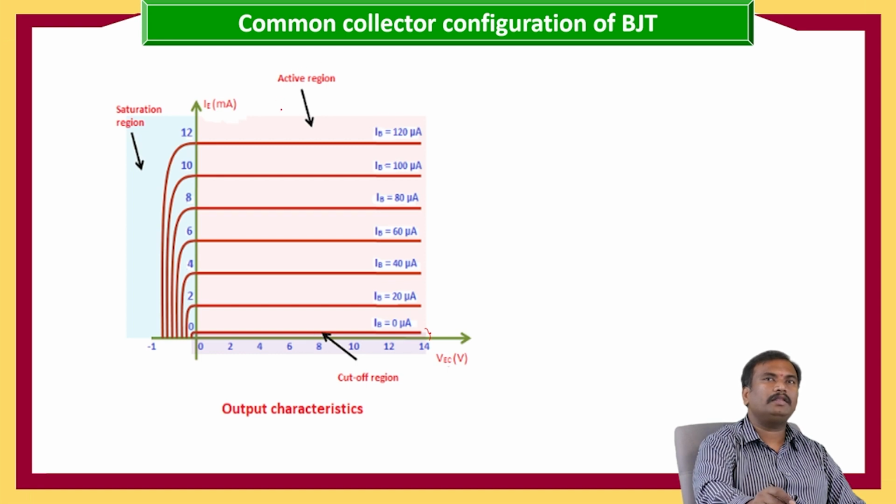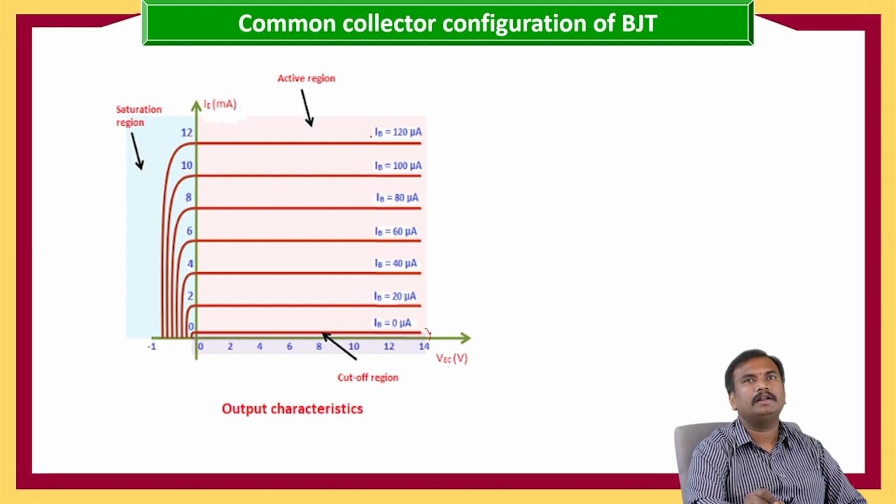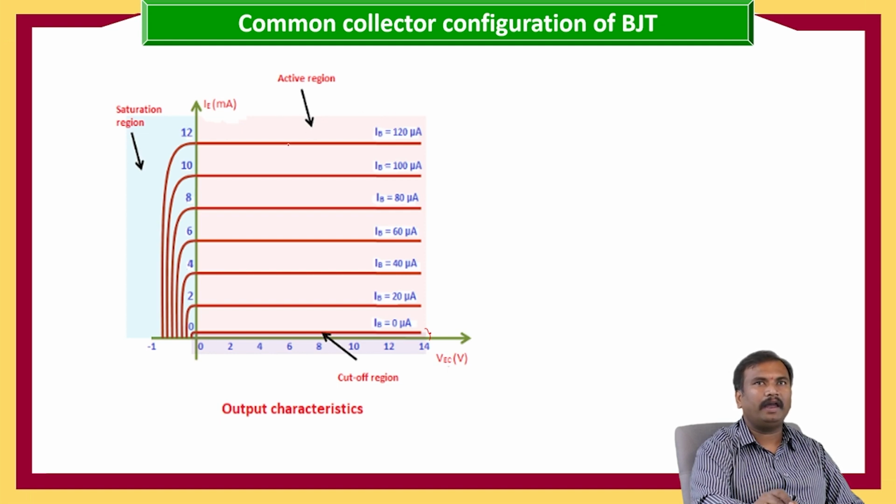And where all the currents are established, that region is called the active region. Here the base current is there and emitter current is there. So this region is called the active region. And during this region, that is during the 0 to -1, when the VEC value increases, it only takes some value and it will be maintained constant.